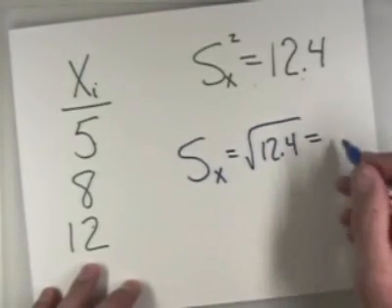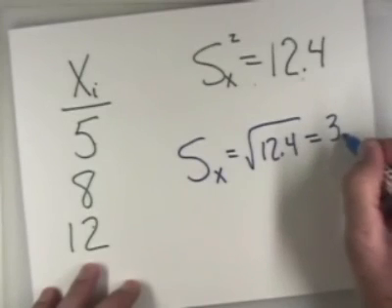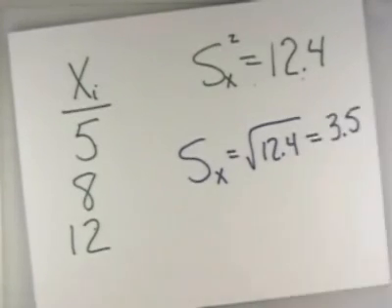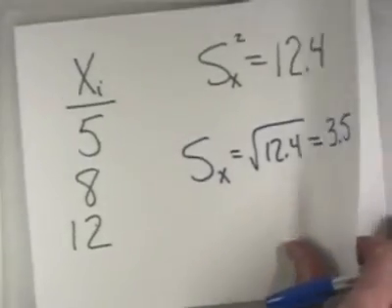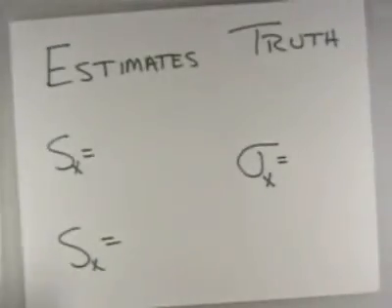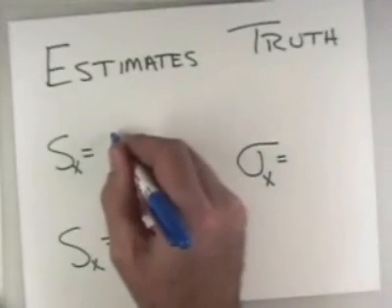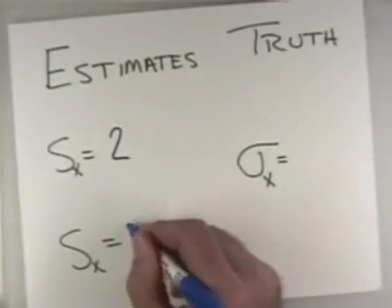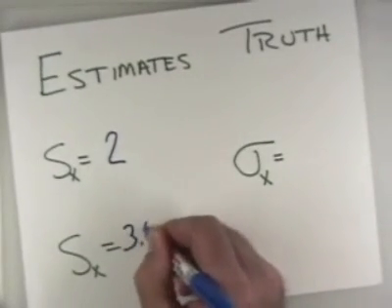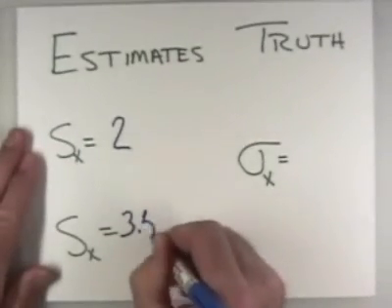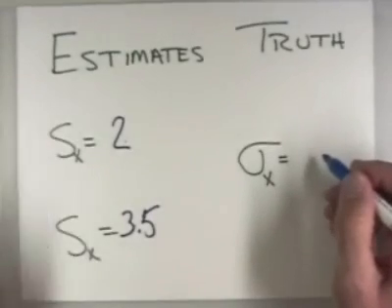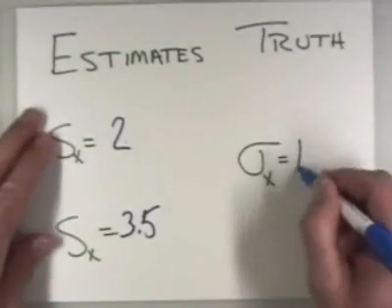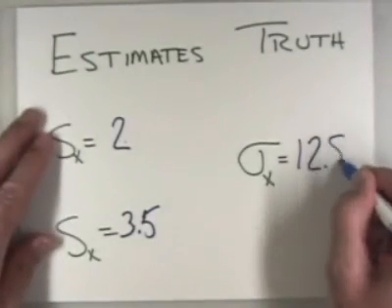And here you have to trust me that I've used a calculator, and it's approximately 3.5. And so we now have, again, estimates. We had 2 sample standard deviations, 2 and 3.5, and the true standard deviation was 12.8.